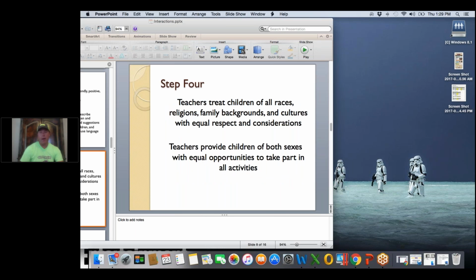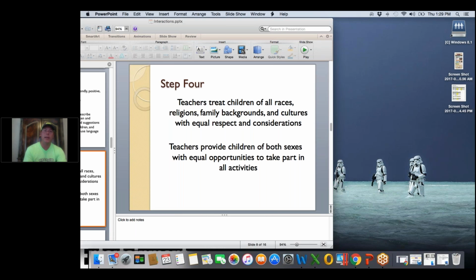All right. Step 4, just had to throw this in here when it comes to communication, that we treat all children of all races, religions, family backgrounds, cultures with equal respect and consideration. And of course, we provide children of both sexes with equal opportunities to take part in all activities.